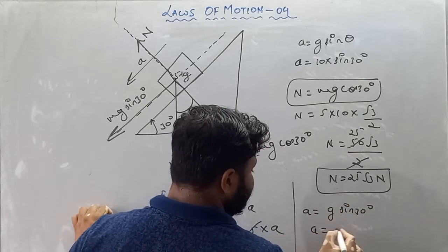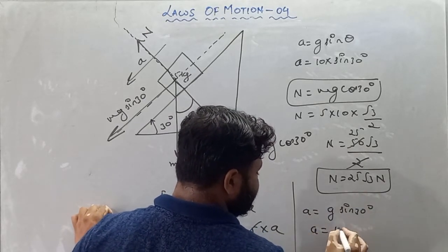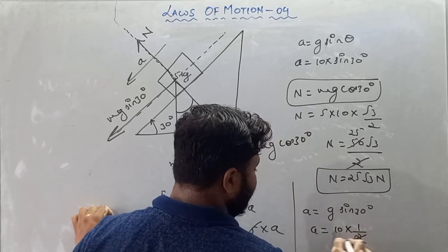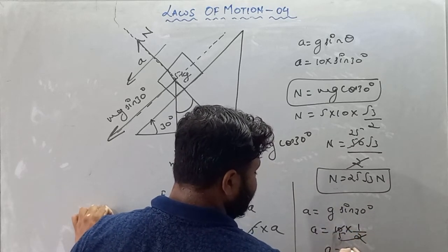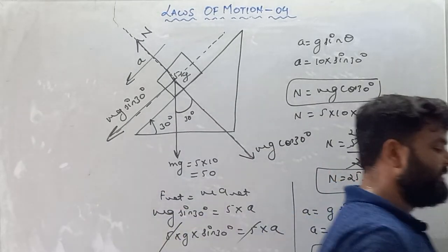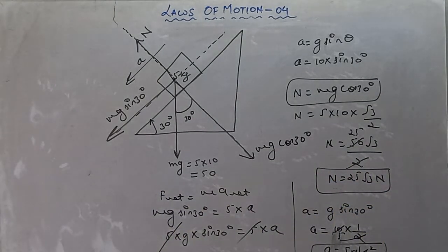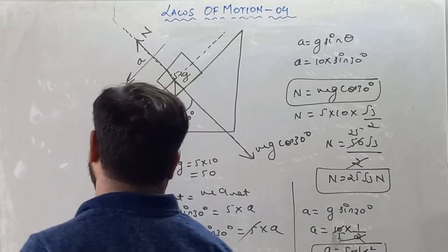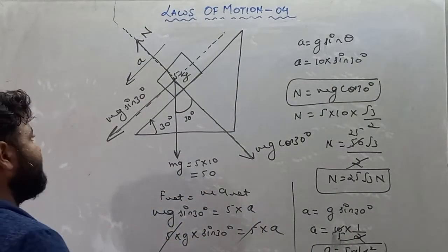We know that g is 10 and sine 30 is nothing but half. So 2 fives are 10. a is equal to 5 meter per second square. This is, my dear student, your answer. I hope you all understand this thing. So sine 30 and cos 30. You all are getting my point, my dear student.